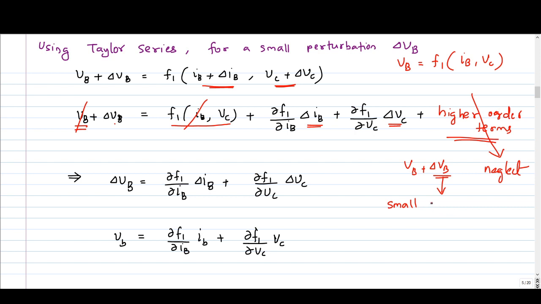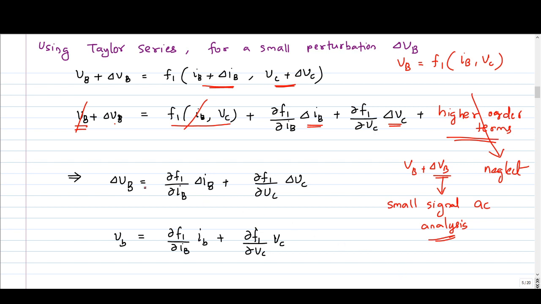So what we are discussing is a small signal analysis. The signals are sufficiently small in amplitude so that you can neglect the higher order terms. So this analysis is also known as small signal AC analysis. If you do a similar Taylor series expansion for the second equation, you will get one more expression.